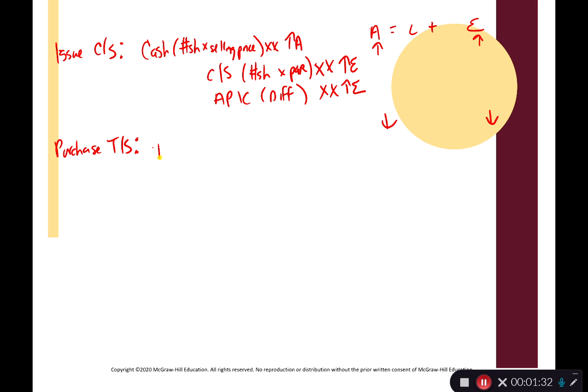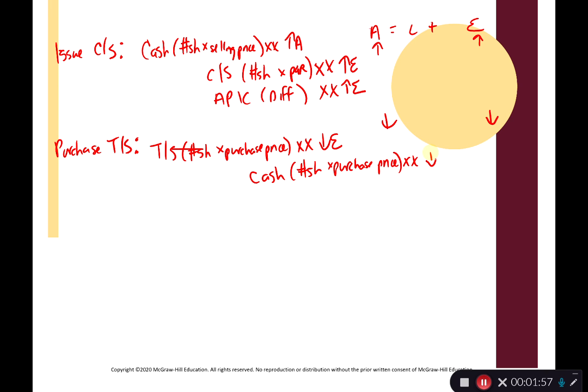And when we record it, we're going to debit treasury stock for the number of shares times the purchase price, which decreases equity because treasury stock is a contra equity account. And then we're going to credit cash for the same number of shares times the purchase price, which decreases our assets.